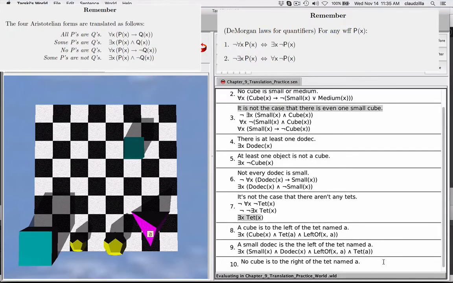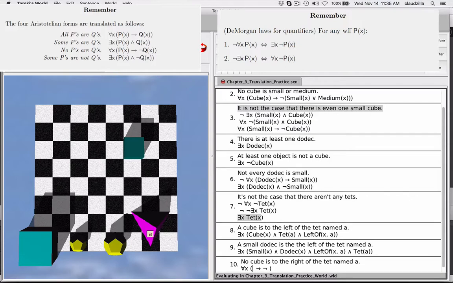All right, lastly, we've got a universal, right? No cube is to the right of the tet named A. Now, remember our standard translation of the universal negative. Universal, parentheses, conditional, negation on the right side of the conditional, close parentheses. What are we talking about?